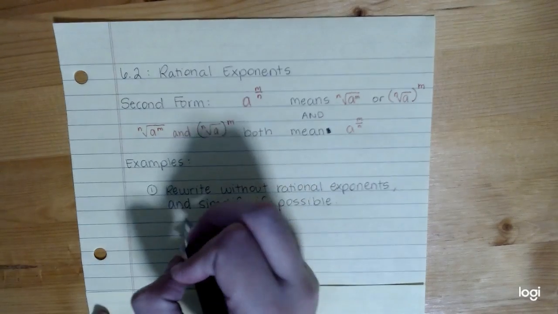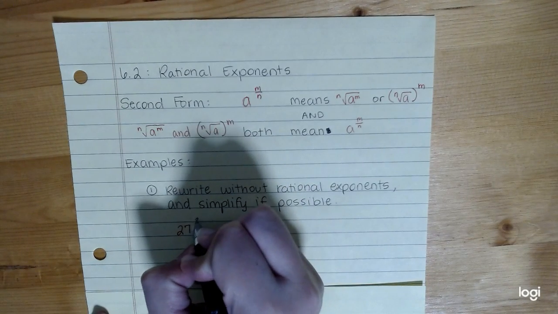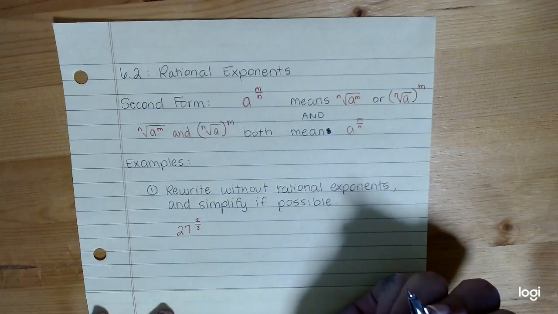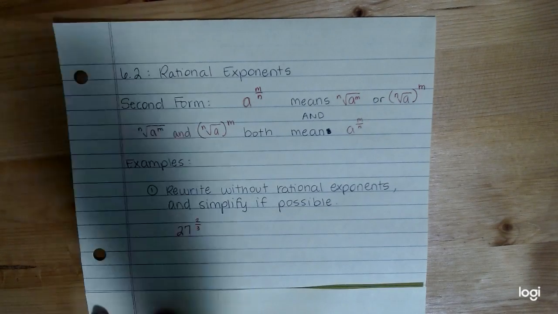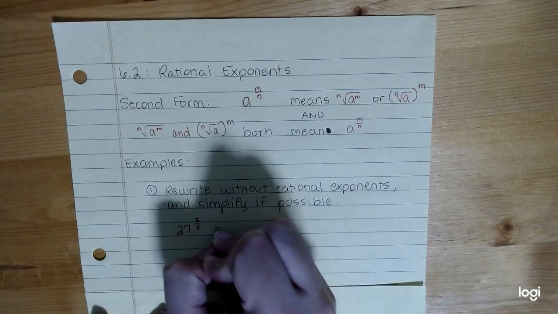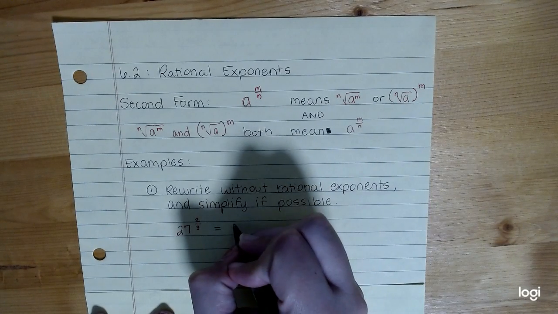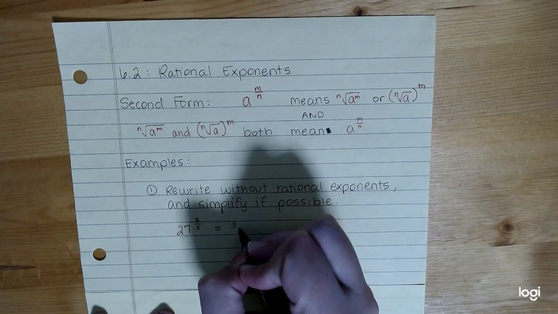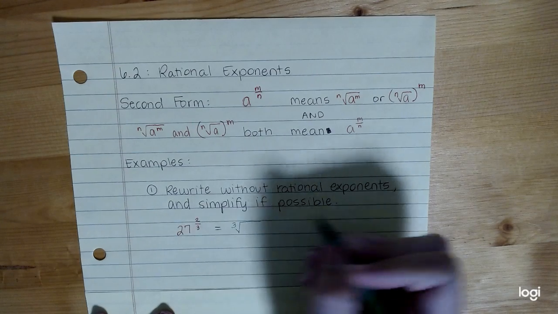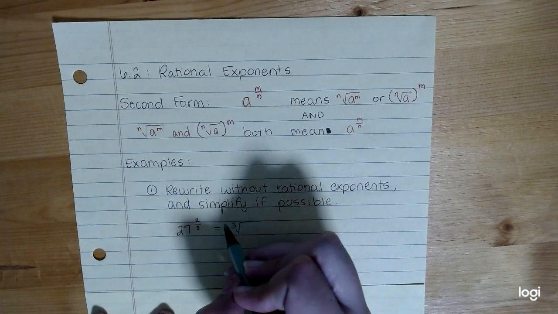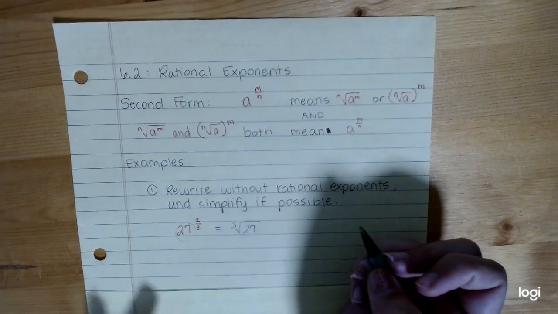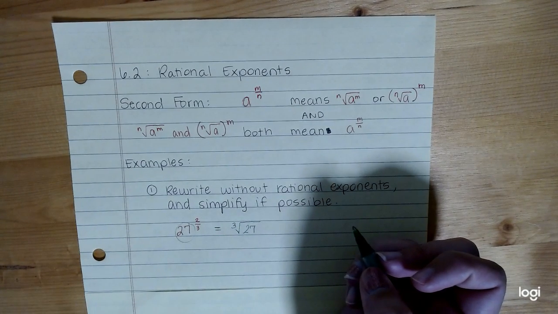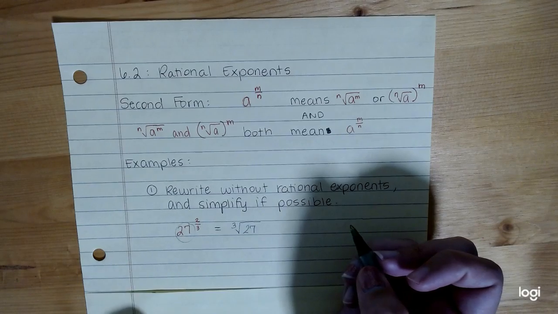Okay, so if we have 27 to the 2/3 power, we want to rewrite that first without rational exponents. I'm going to express it using my favorite form first. So cube root, so the denominator is still the index. The base is still the radicand. So that doesn't change from the work that we did in the previous two 6.2 videos.